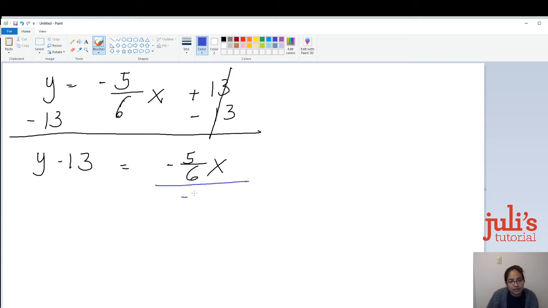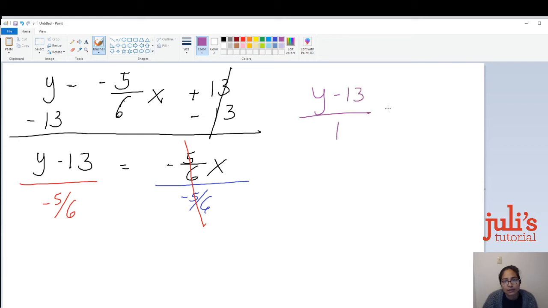We're dividing by negative 5 over 6. This cancels out. We're going to divide this by negative 5 over 6. That means what we have here is y minus 13 over 1 multiplied by negative 5 over 6. Basically the outcome is going to be negative 5y plus, what's 13 times 5? 50, 65, and then 6, but the whole thing gets a negative since this was a whole negative number.